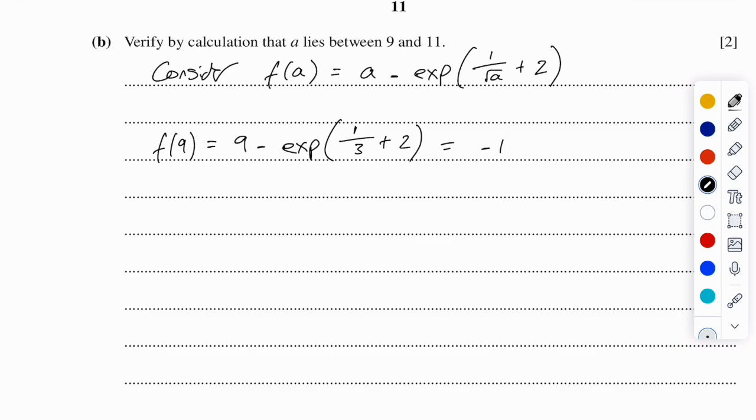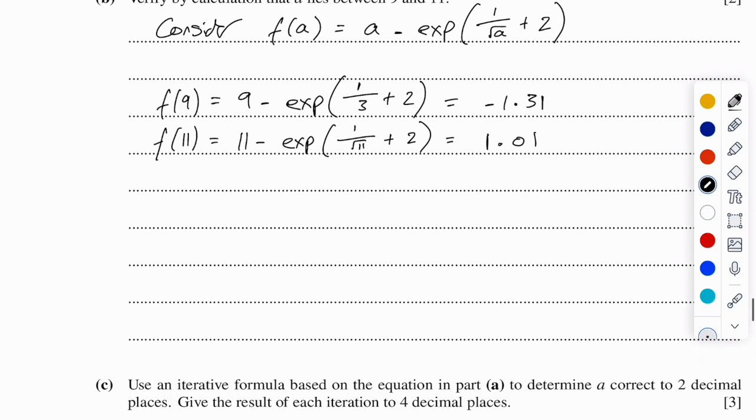Well, that gives us negative 1.31. If we do f of 11 now, we get 11 minus e to the 1 over root 11 plus 2, which equals 1.01.